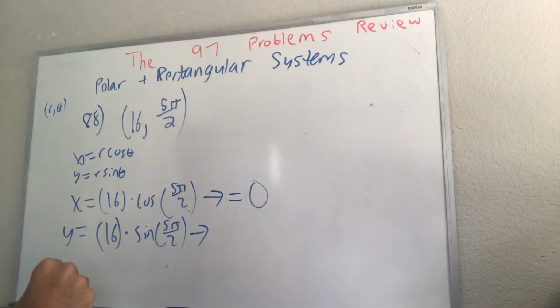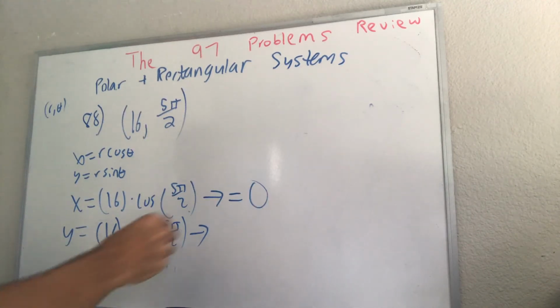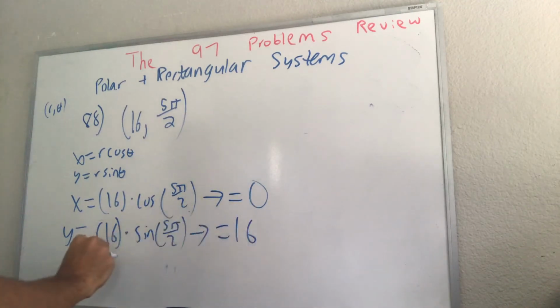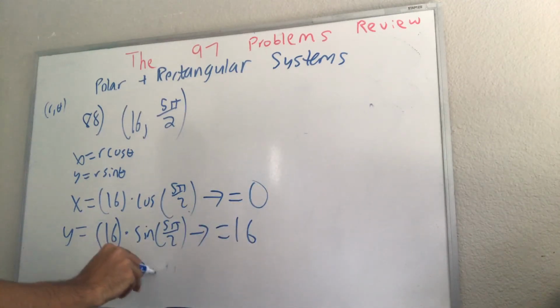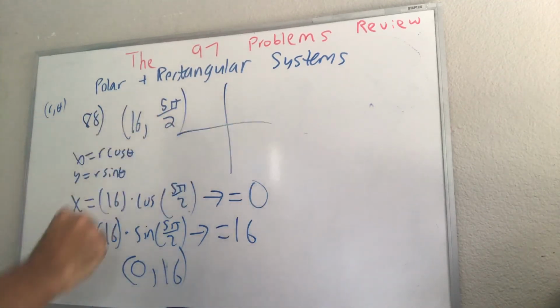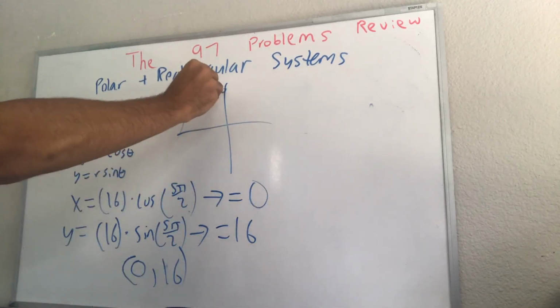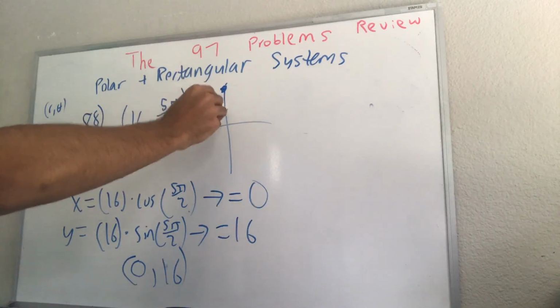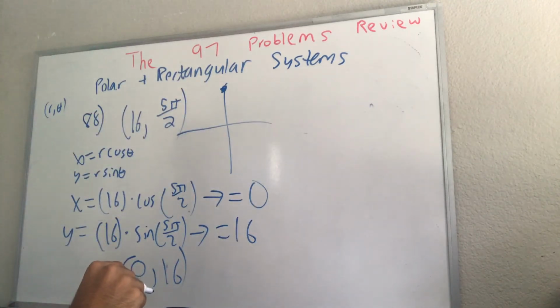Now looking at sine of 5 pi over 2, again 4 pi over 2 is 2 pi, 1 revolution. We want to go pi over 2 more. Sine of pi over 2 is 1. 1 times 16 is 16. So this is 0 comma 16. And that makes sense. If you graph 0 comma 16, it's somewhere along the positive y-axis.